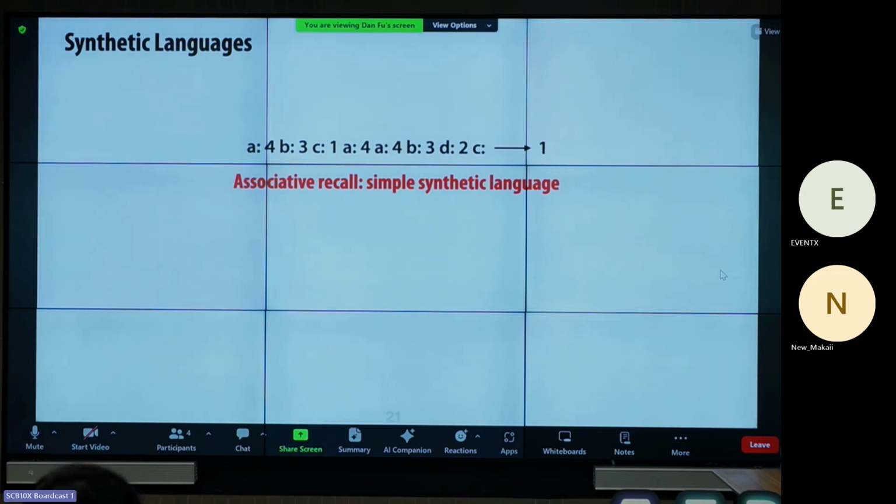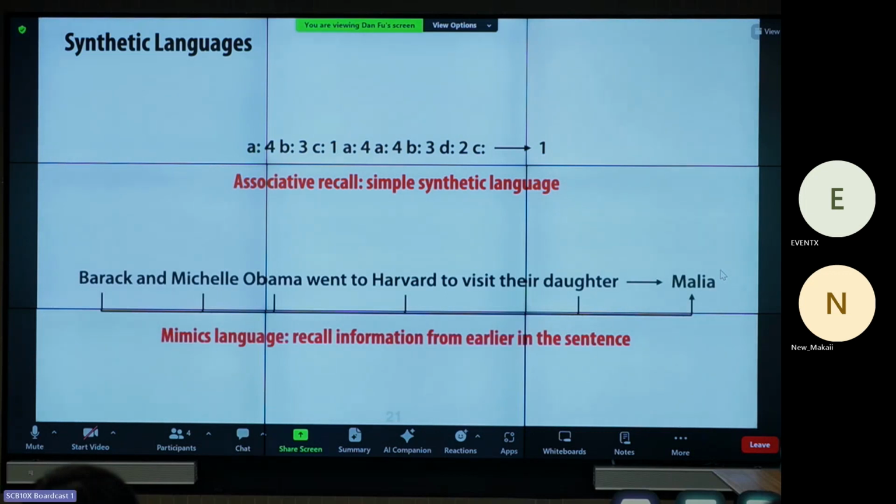So here, A is mapped to 4, B is mapped to 3, C is mapped to 1, D is mapped to 2, etc. At the end, you have some letter that you saw earlier in your sentence, and you need to go back and look up, in context, what the right mapping is. This mimics in-context learning capabilities, which are some of the attributes of language models. It also mimics this key property of language: when you're constructing a sentence, you need to recall information from earlier in the sentence to figure out what you're talking about.